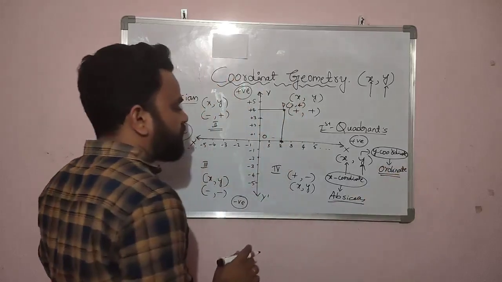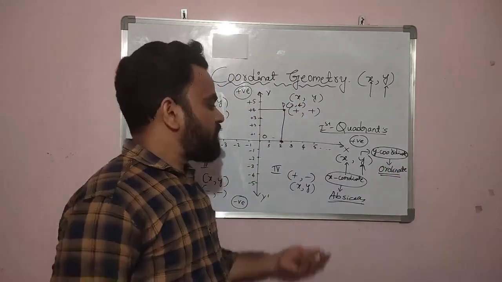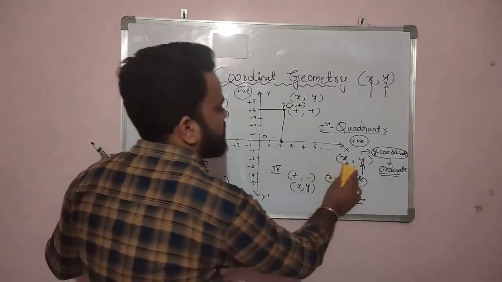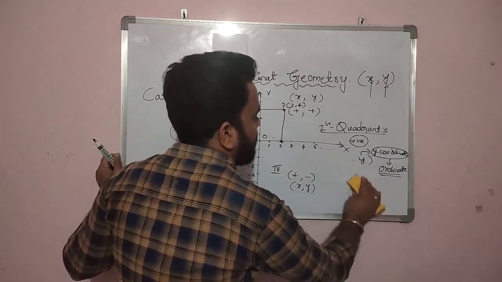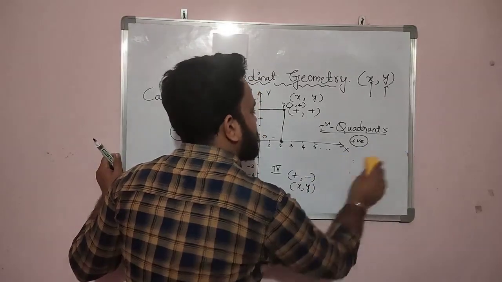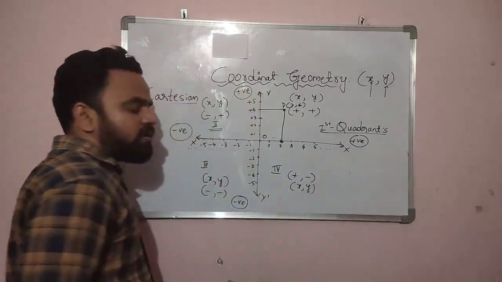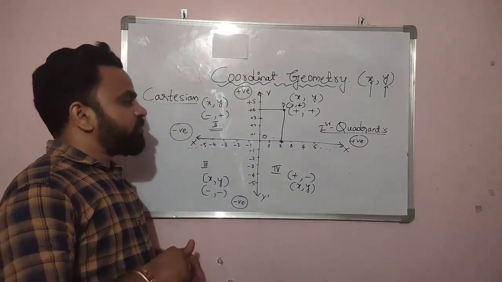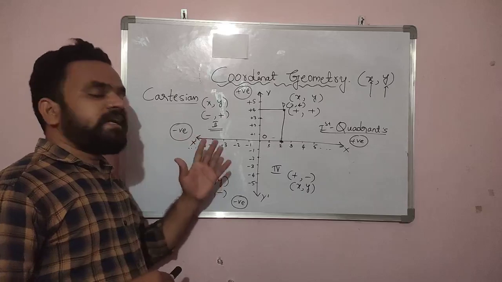If they give you any point, you need to tell what the abscissa and the ordinate are. First, the abscissa will be x1 and the ordinate will be y1. So the x coordinate is also called the abscissa, and the y coordinate is also called the ordinate, right? That is the basic idea of coordinate geometry.